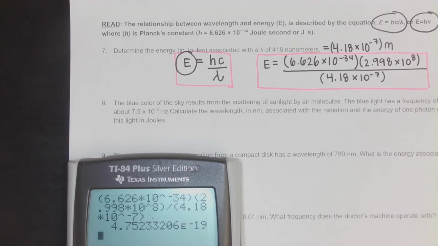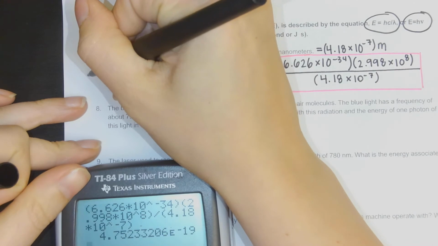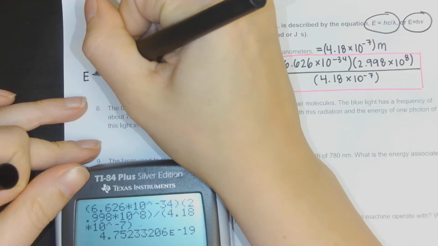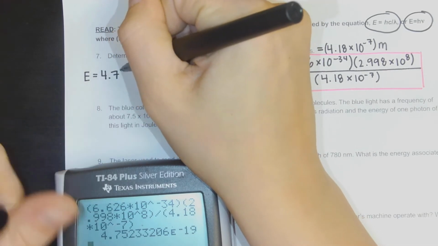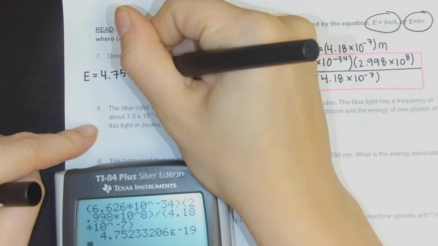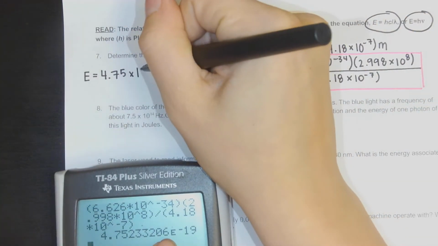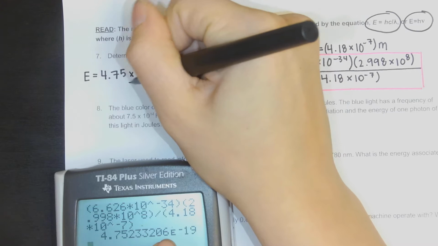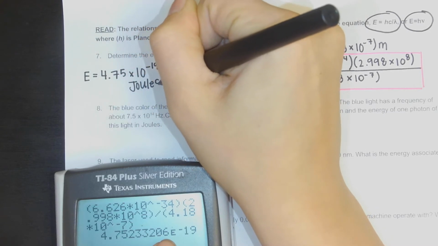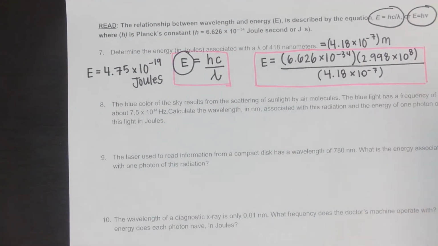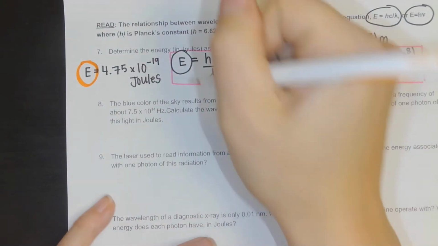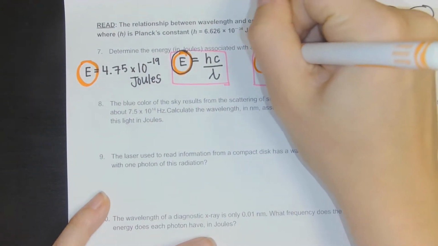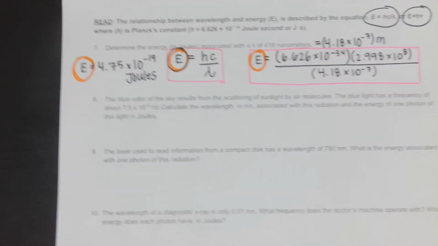And it's telling me the energy of that wave is going to be 4.75, I'm just going to cut it off there, times 10 to the negative 19 joules. That's the energy that I'm calculating from that wavelength.